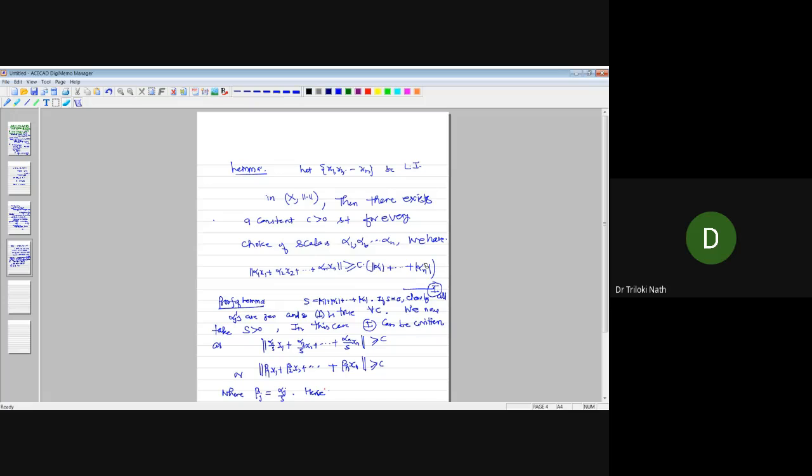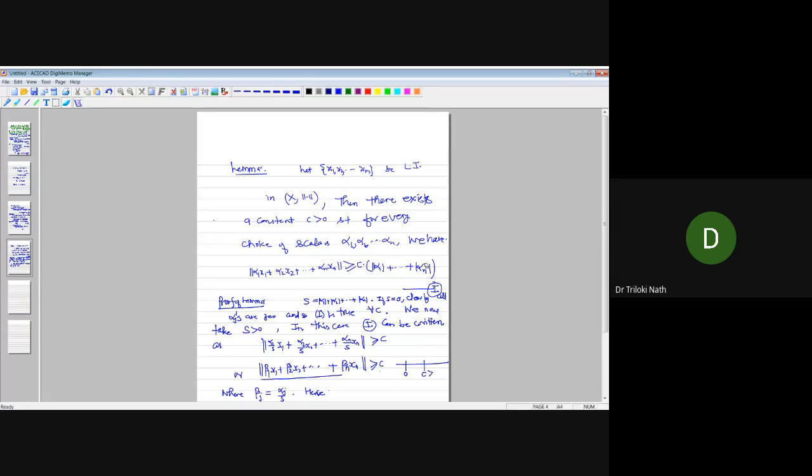To prove that this is true, we must prove that this quantity, the norm of beta 1 x1 plus beta 2 x2 plus ..., cannot come arbitrarily close to 0. Meaning, if you look at this, this is the positive number 0, and C is somewhere here.